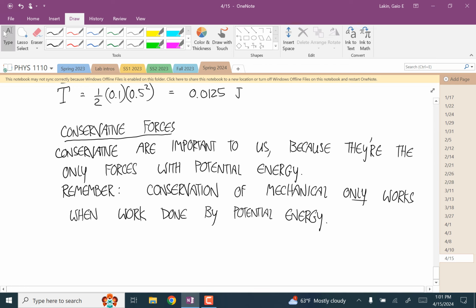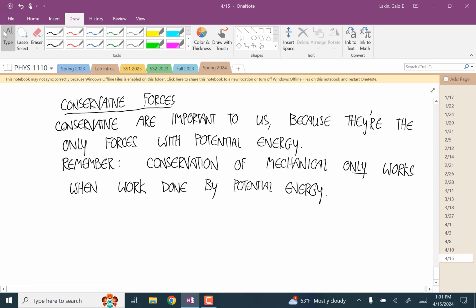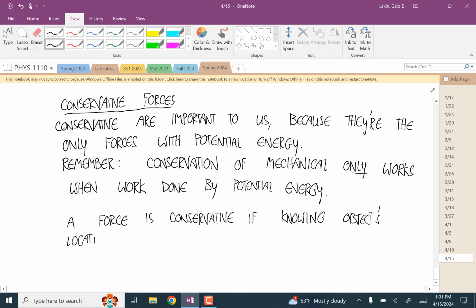The definition of a conservative force is a force is conservative if knowing an object's location is enough information to know the force applied to it.